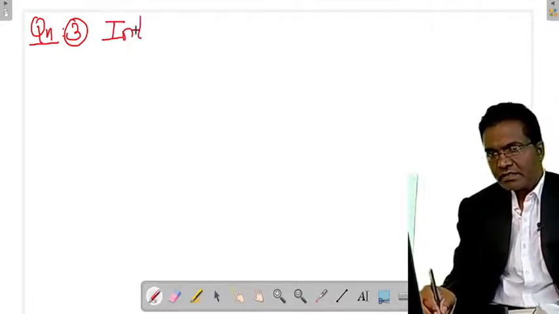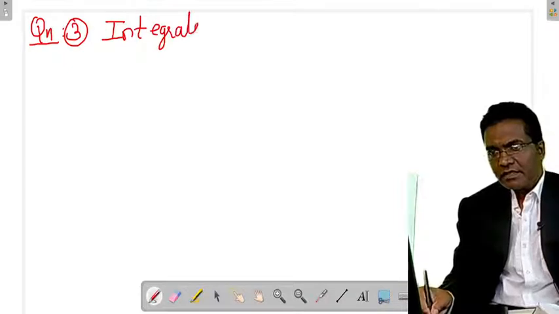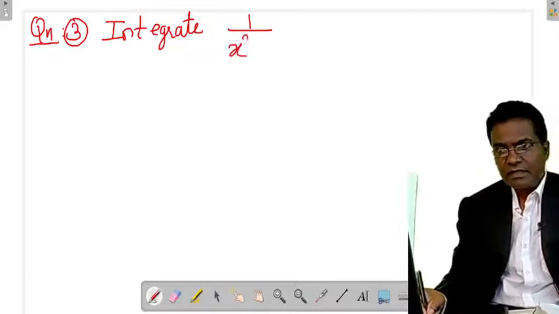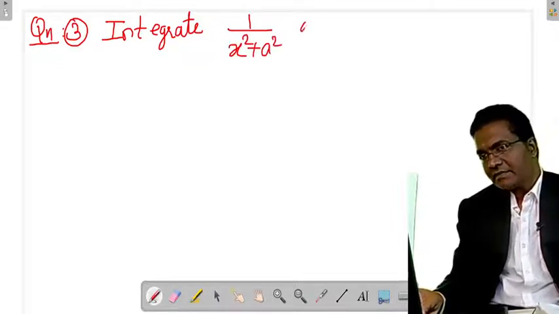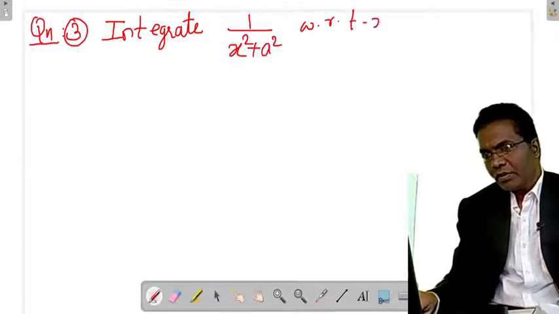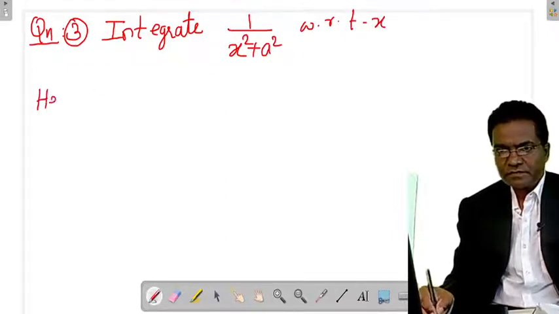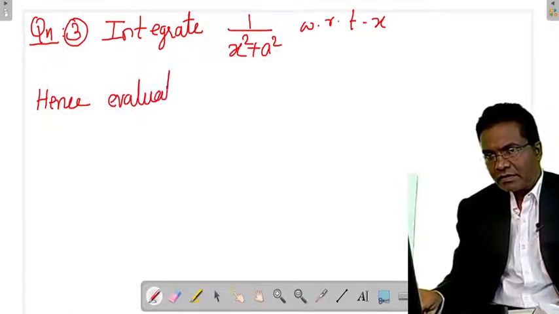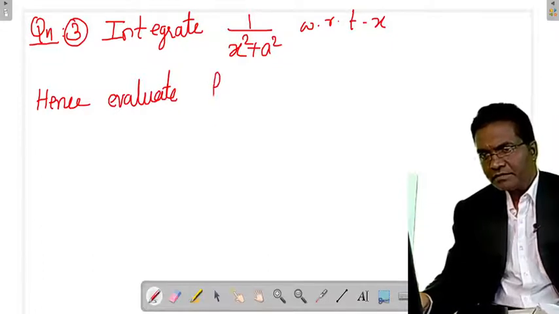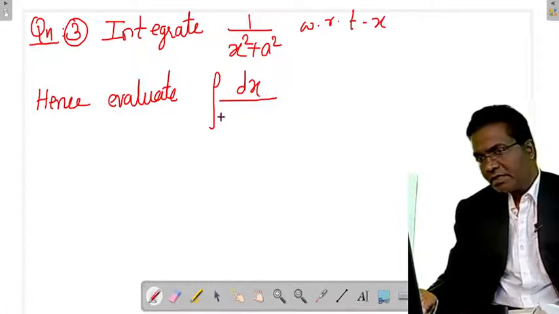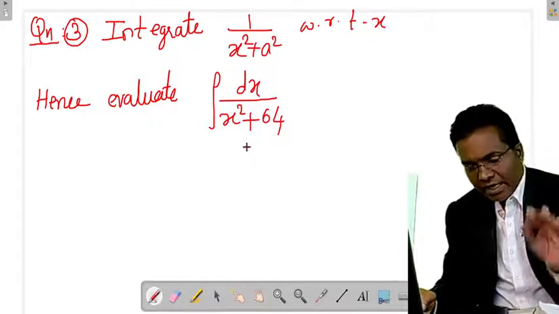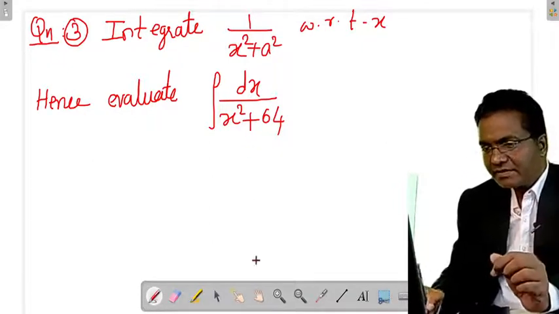Integrate 1 by x square plus a square with respect to x, and hence evaluate integration dx by x square plus 64. I am taking small examples.